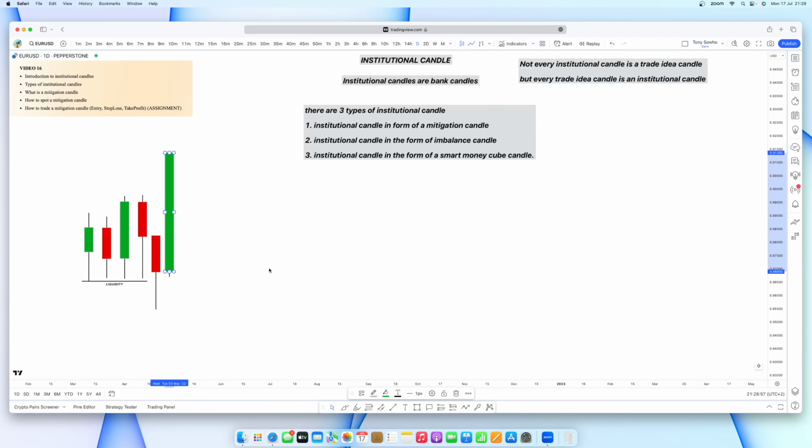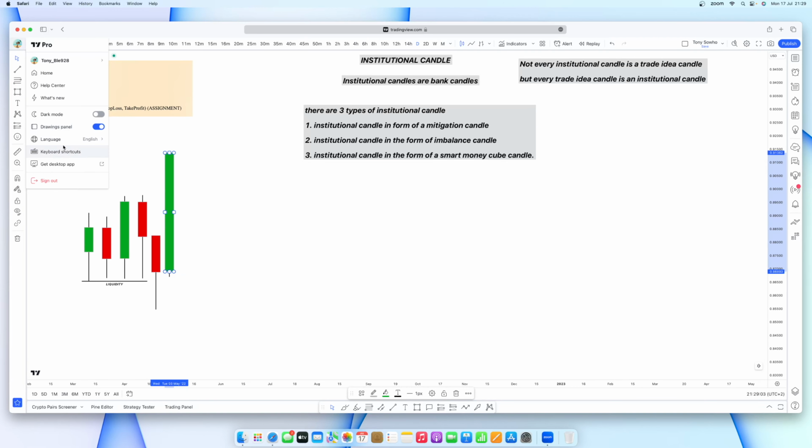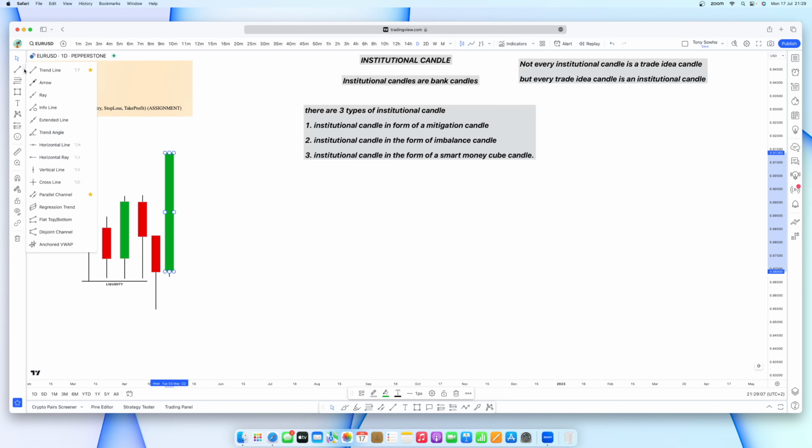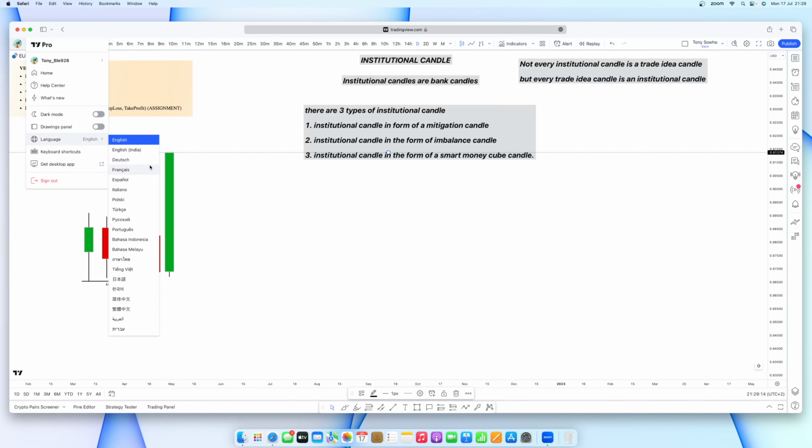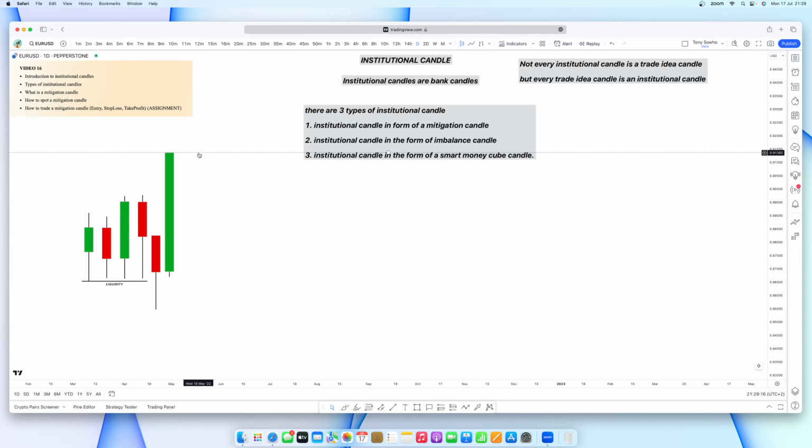We can just bring this to the front. Let me bring in the horizontal ray. Let's put that there and then close this. Exactly. So we see it now. Price is still buying all the way to the upside.